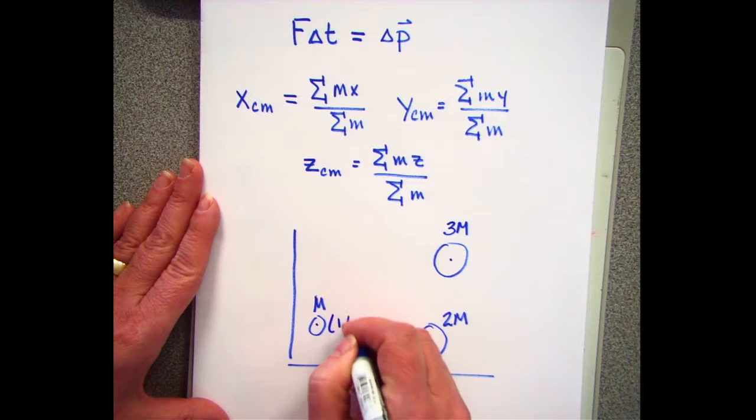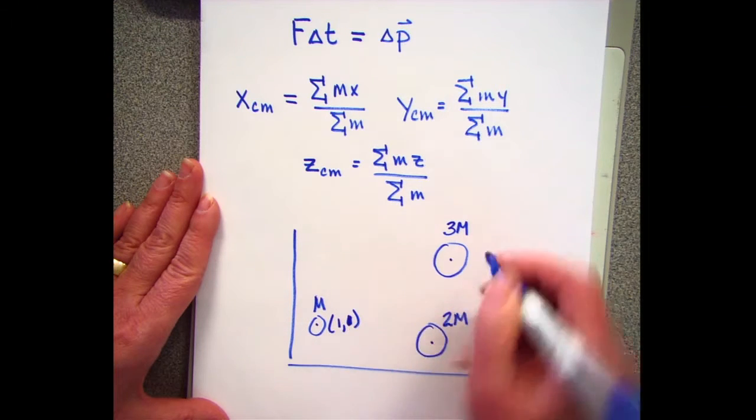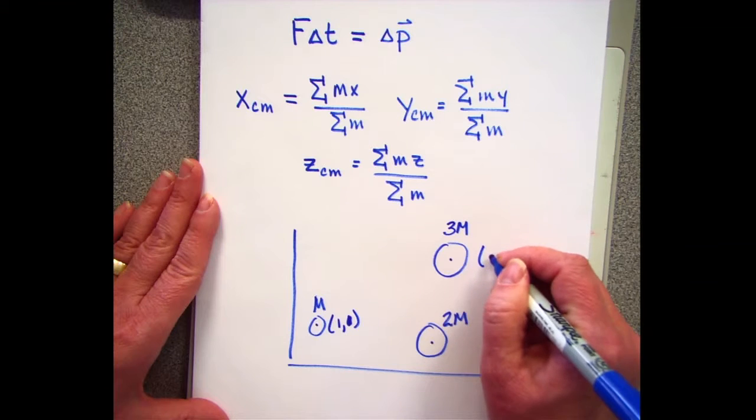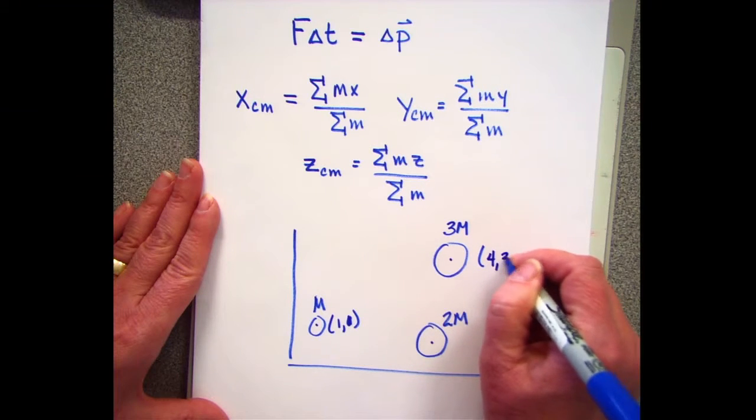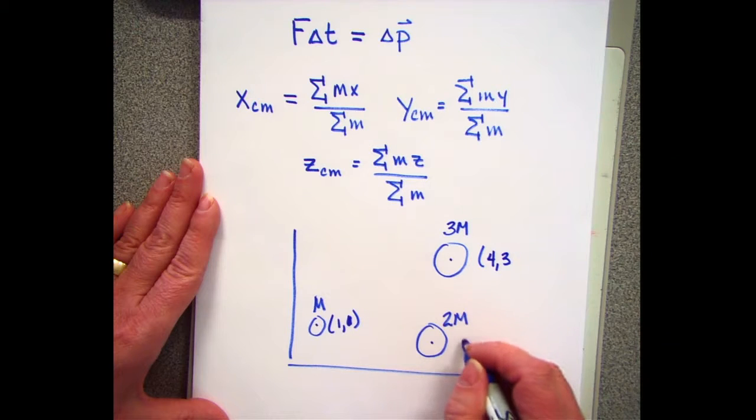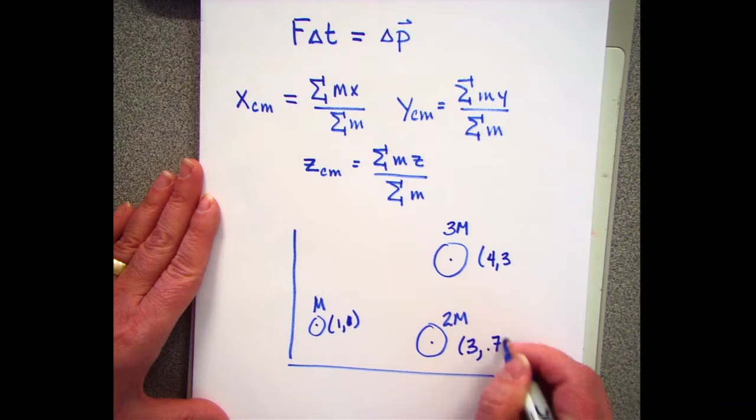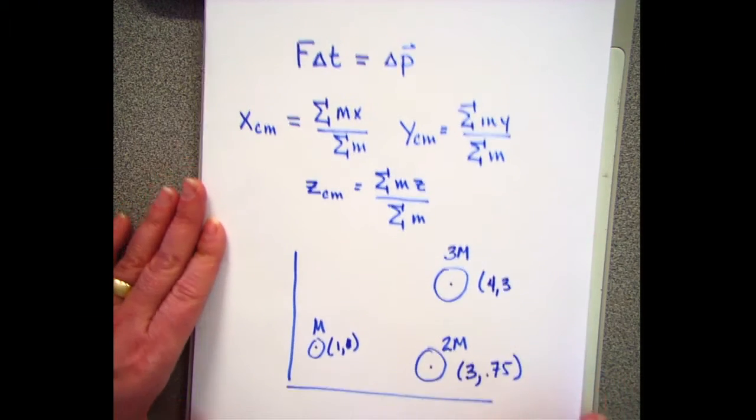This we'll say is located at 1, 1. This one we'll say is located at 4, 3, and this one we'll say is located at 3 and 0.75. So I've got those 3 points, and we want to find the center of mass of this system.